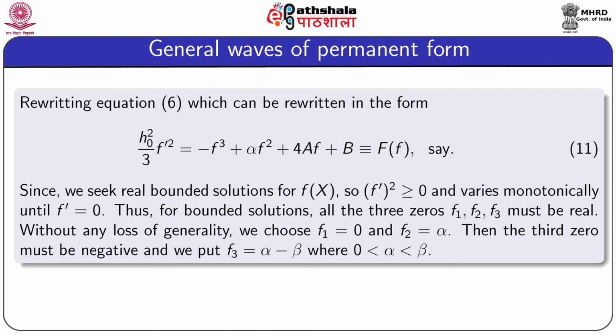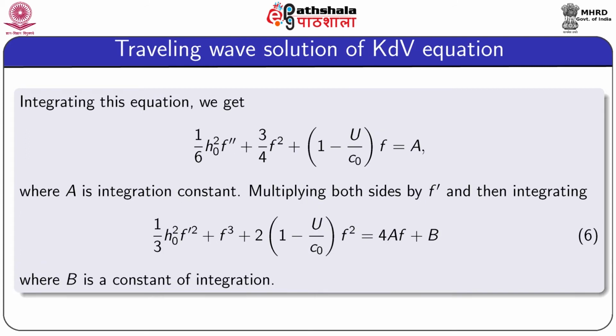So, the earlier one was a particular solution. Now, I am going to obtain a general solution of the equation. If we go back to equation 6, in the first case we assumed the particular solution for which A equals 0, B equals 0.